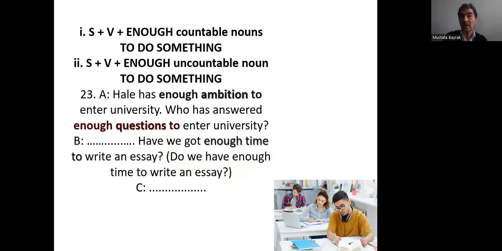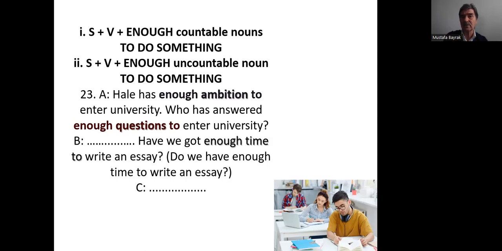Roman number 2, after verb, enough uncountable noun to do something. For example, 23. Ale has enough ambition to enter university. Who has answered enough questions to enter university? Yes, Mehmet has answered enough questions to enter university.